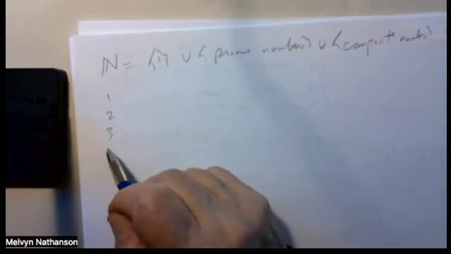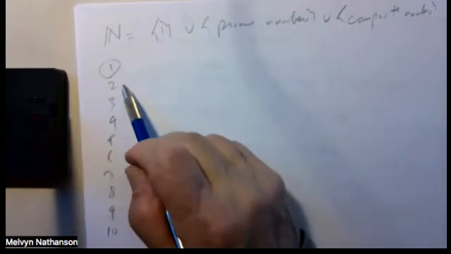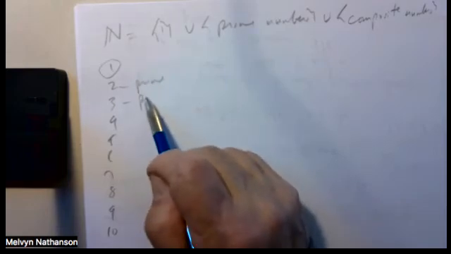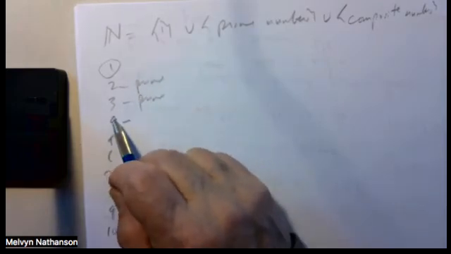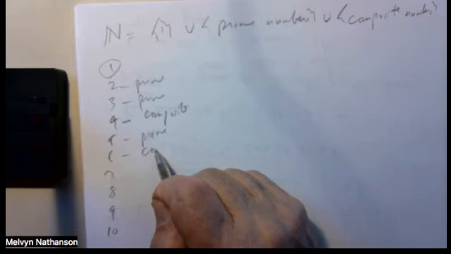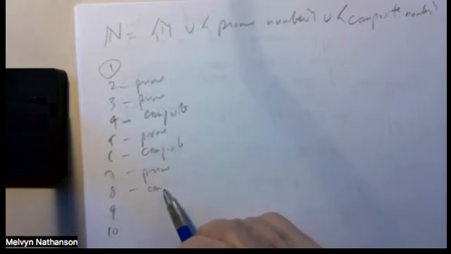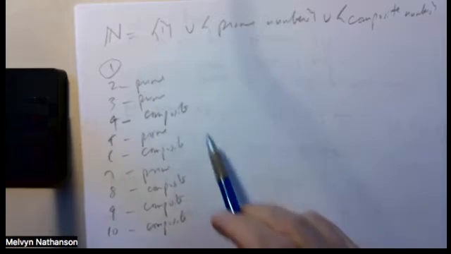If you look at the first 10 integers, 1 is special, 2 is prime, 3 is prime, 4 is divisible by 2, so it's composite. 5 is prime, 6 is divisible by 2 and 3, so it's composite. 7 is prime, 8 is divisible by 2 and 4, it's composite. 9 is divisible by 3, it's composite. 10 is divisible by 2 and 5, so it's composite.